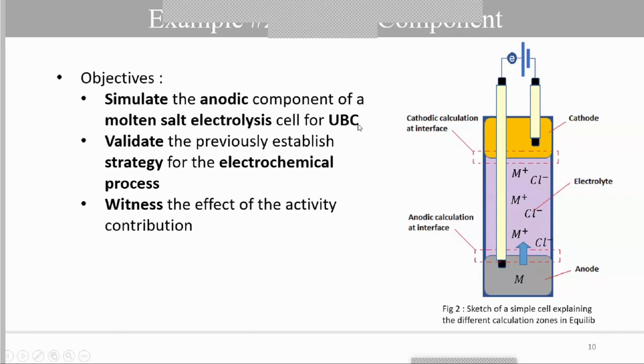You would just need to change the composition to what she found, and it would work also. And we want to validate the previously established strategy. Let's say that we think that manganese is going to go. This will show us if it goes for real or not, because this will take into account the activity contribution. So it's the natural process to design the electrolysis cell.